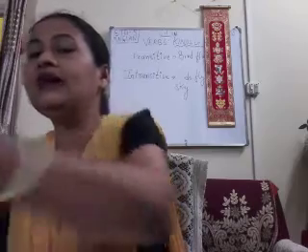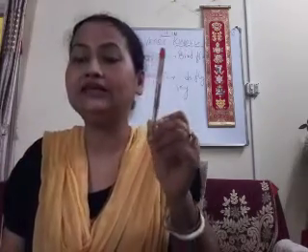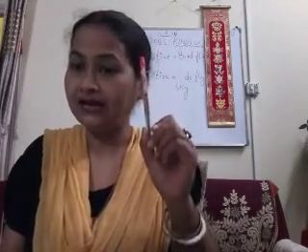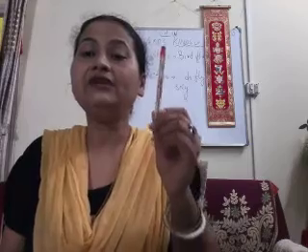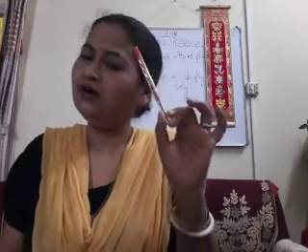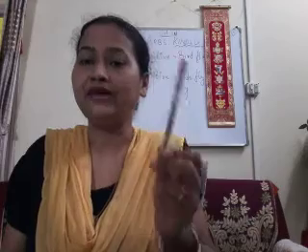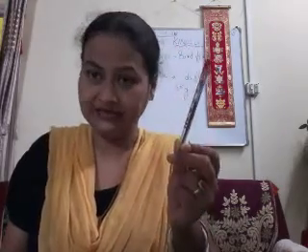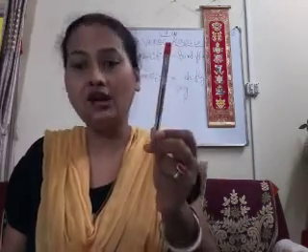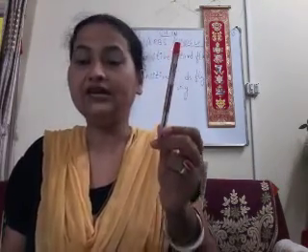Suppose this is a pencil. You can see a pencil in my hand, isn't it? And this is a pen, whatever. So we can count a pen or we can count a pencil. So these are known as countable nouns, isn't it? Things that we can count can be one or many.